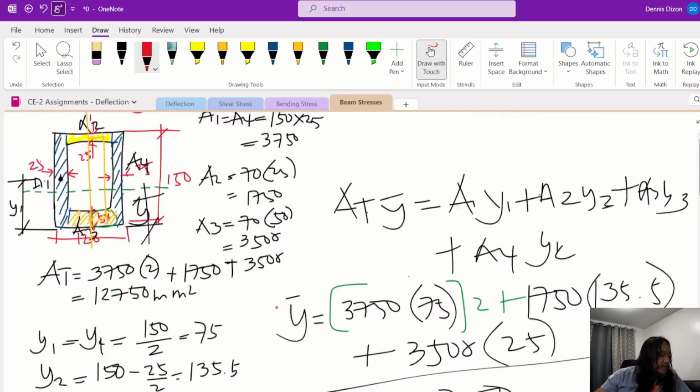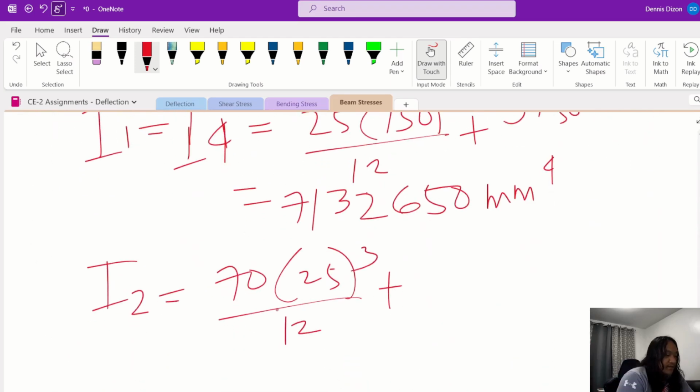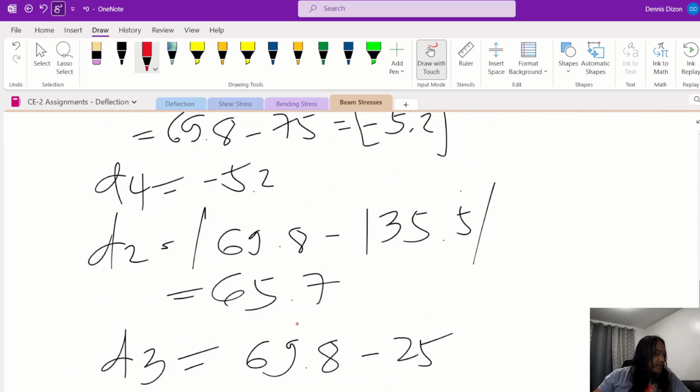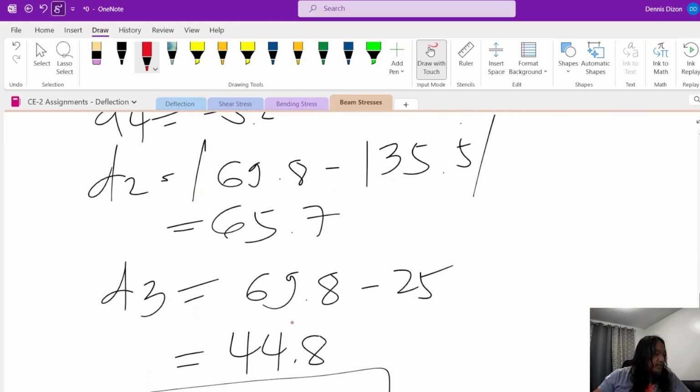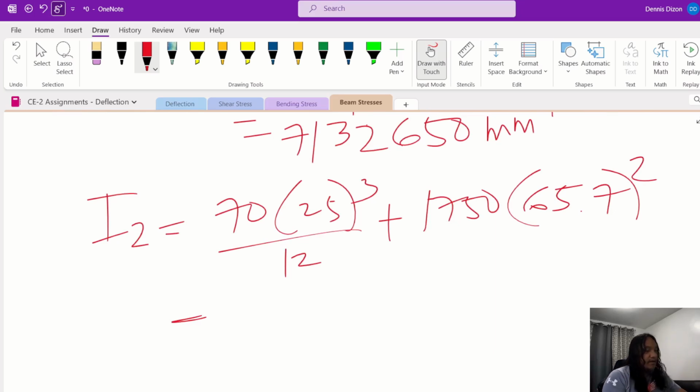Area 2 is 1750, times distance 2, which is 65.7, squared. Again, if it's negative, it doesn't matter because you will square it, then it would be positive.